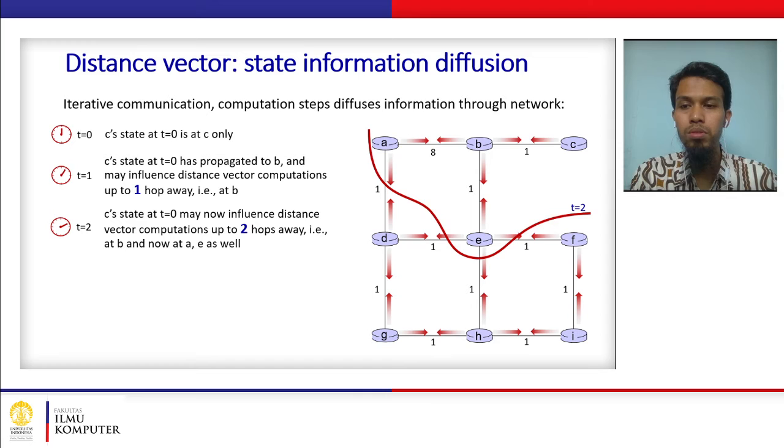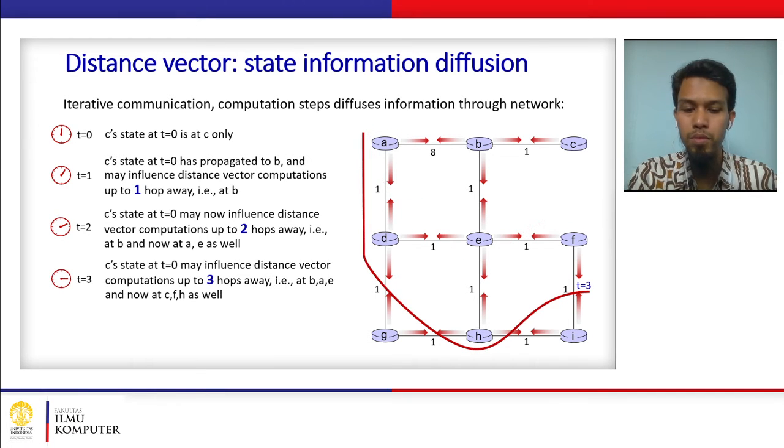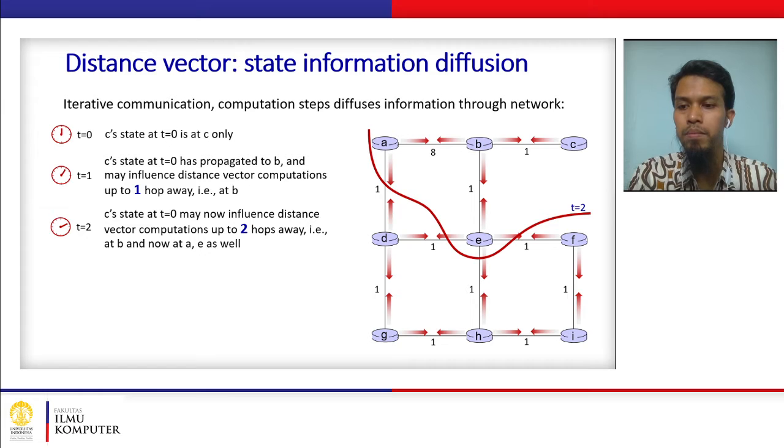And at t equals 2, the information or state has propagated two hops away, to A and E now from B. So it may influence the distance factor computation, not only at B but also at A and at E as well.